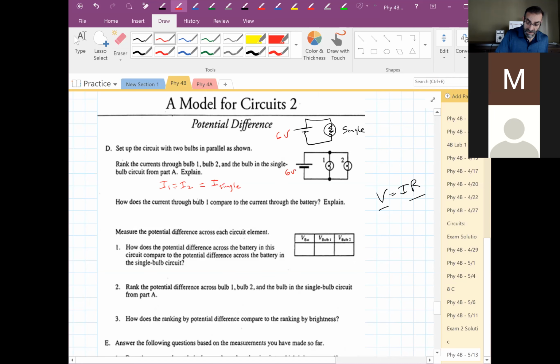This is 6 volts. So for I1, what do we have? It's going to be 6 volts over R, right? And what do we have for I single? 6 volts over R. If the R's are the same, the currents have to be the same.